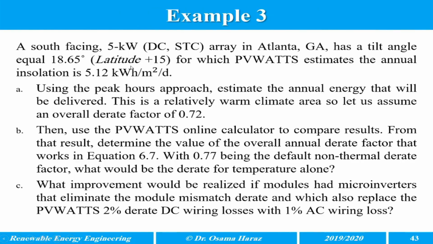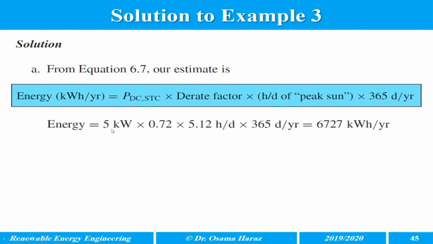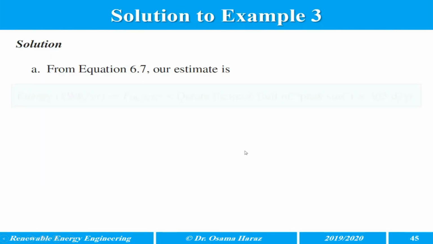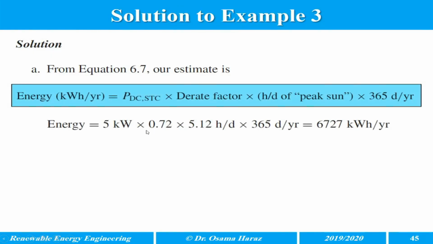It's given in the example, so it's 5 kilowatts. What is the derate factor? It's given in the example also: 0.72. H over D of the peak sun is given also in the example, 5.12 kilowatt hours per meter squared per day. This is the annual insolation. So we put this in and multiply, and you end up with 6727 kilowatt hours per year. This is the annual estimate of energy production.